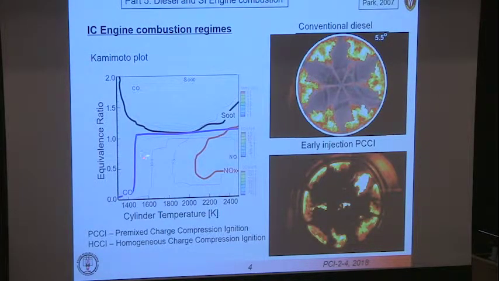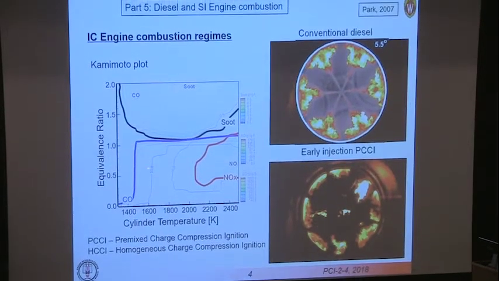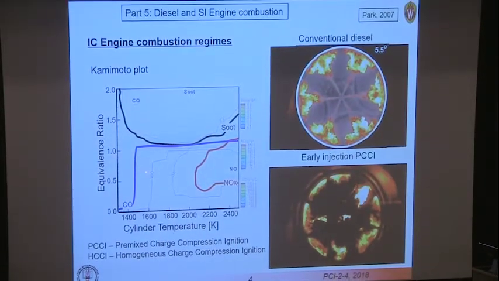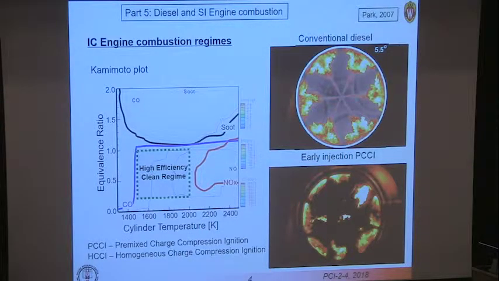Right? You start the combustion process when you have auto-ignition occurring, say, at a certain temperature. And so the HCCI is operating in this, what we call high-efficiency clean regime, in between the NOx island, the soot island, and the unburnt fuel or CO island. So that's why HCCI is such an interesting combustion strategy.